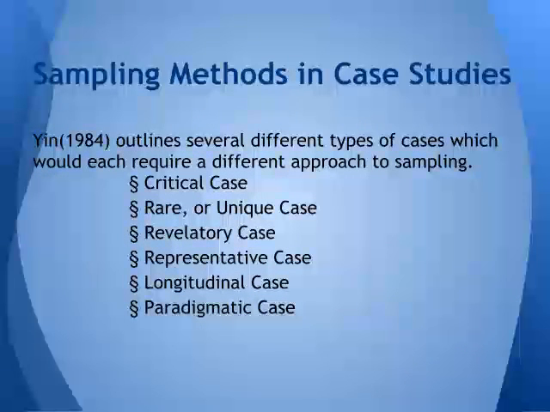Yin outlines several different types of cases which would each require a different approach to sampling, such as critical case, rare or unique case, revelatory case, representative case, longitudinal case, or paradigmatic case.